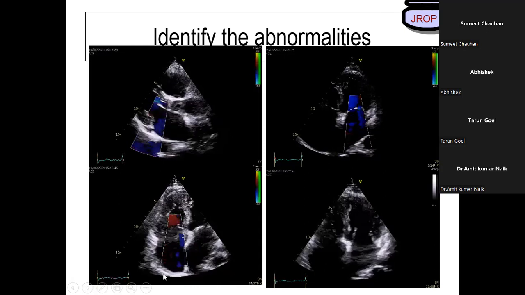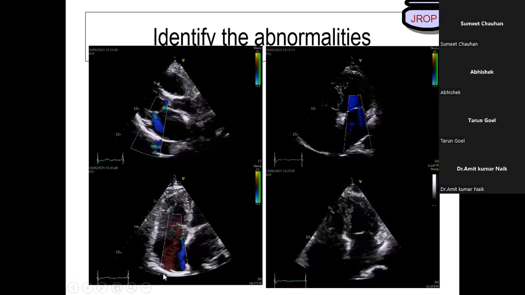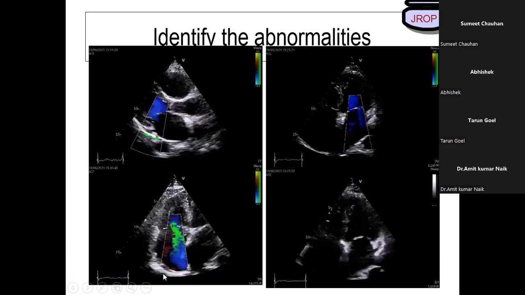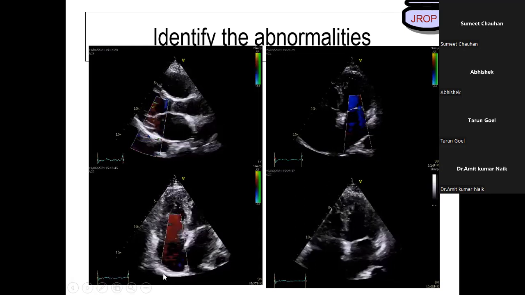Anything else? Okay, I'll give you a clue. The patient has an irregular rhythm.